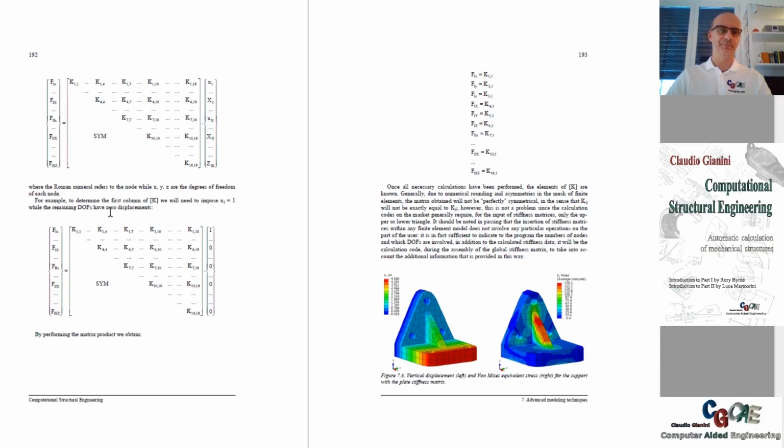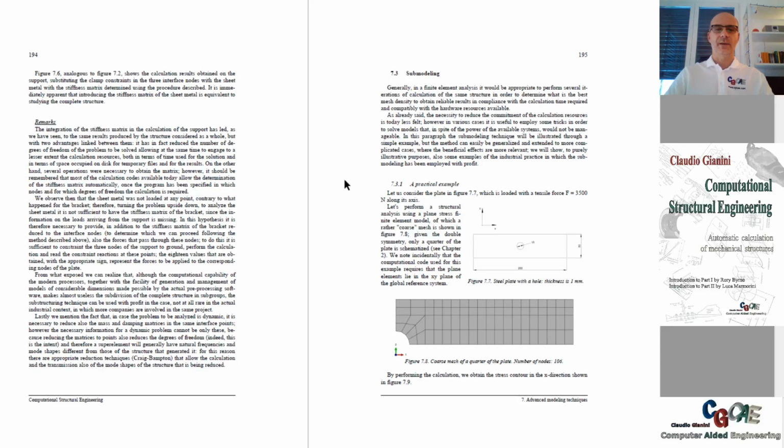There are some matrix operations to be carried out or understood. And that's it. Then we switch to another technique: submodeling. Also here, many codes allow the required operations to be performed automatically.